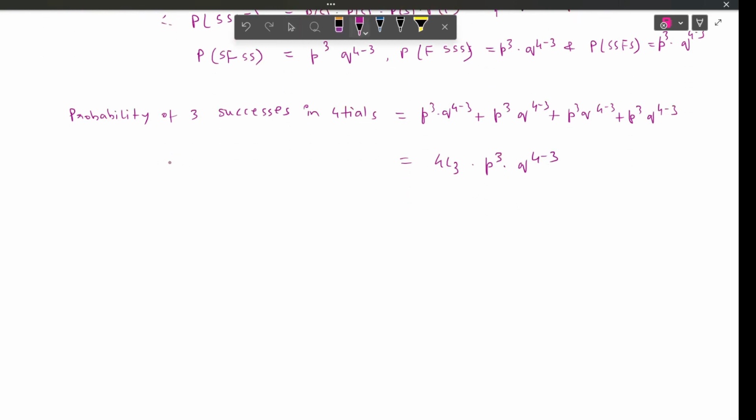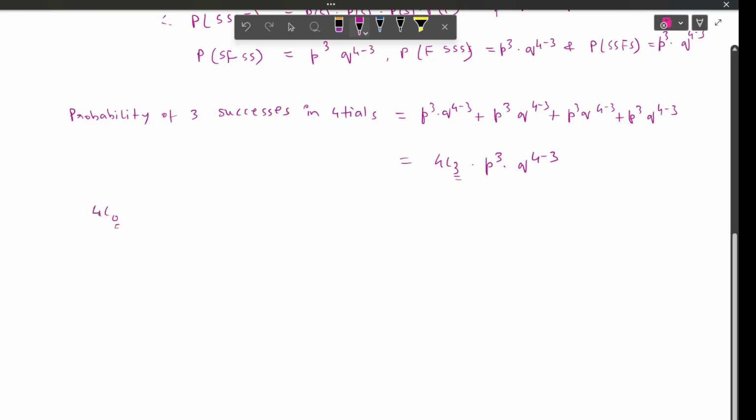And proceeding in the same manner, we can show that probabilities of 0, 1, 2 and 4 successes are given by 4C0. Here we have 3 successes.